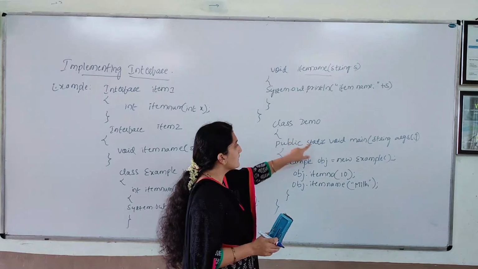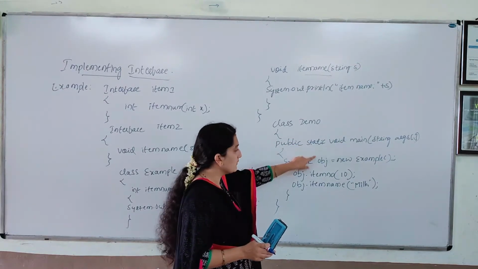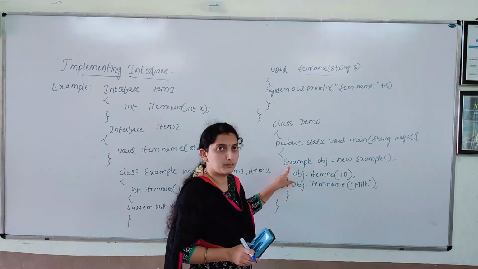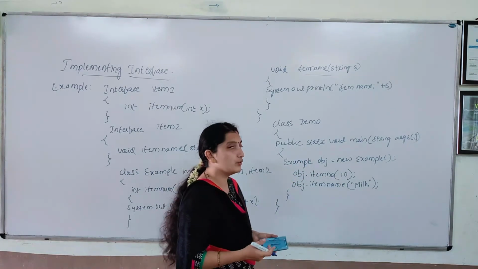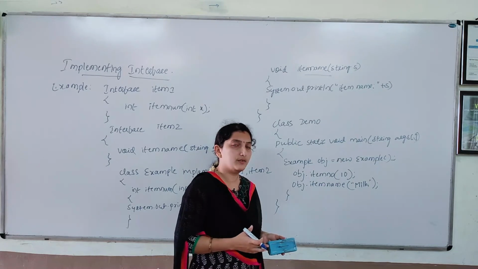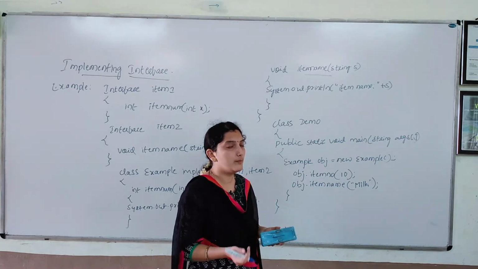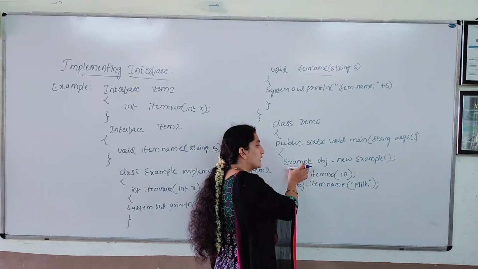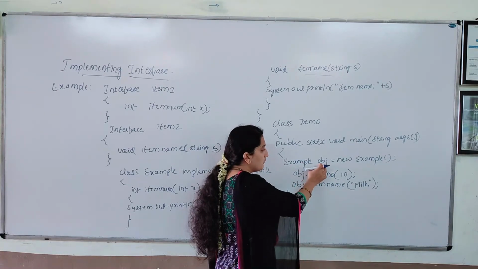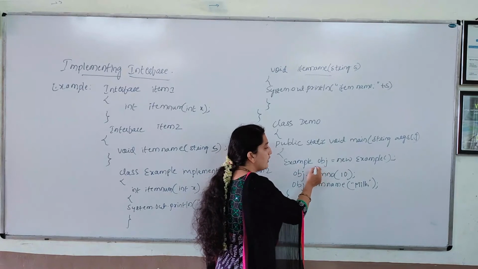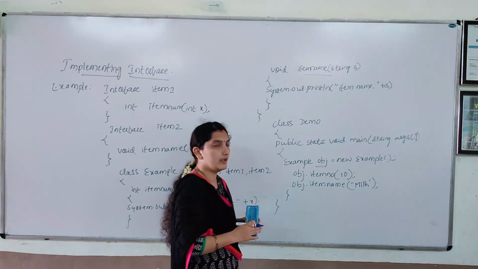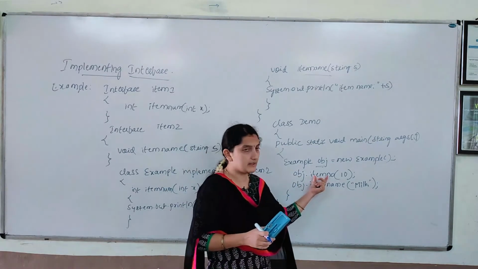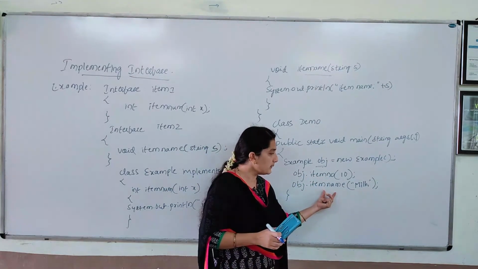Now I have created one class Demo. In this class, inside the main method, I have created one object for class Example. We already know from the previous videos how to create objects. The object has been created for the Example class now. Obj is the object name of class Example. Now by using this object, I am calling the methods item number and item name.